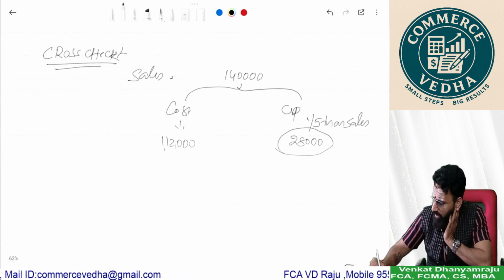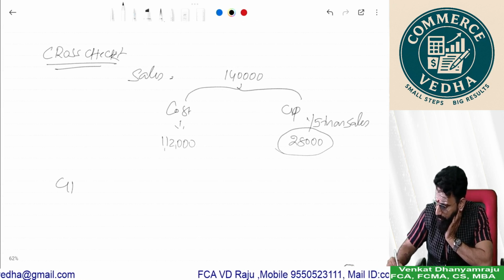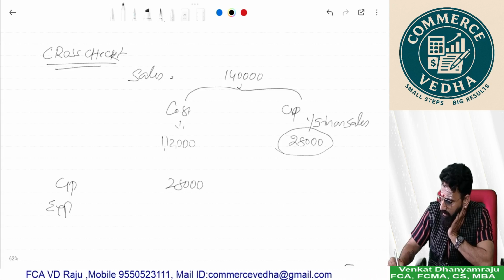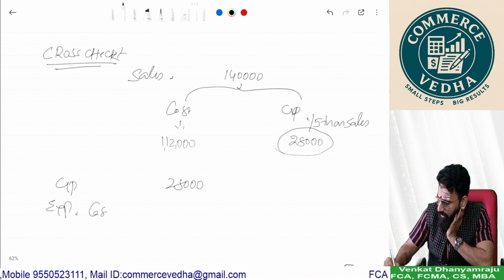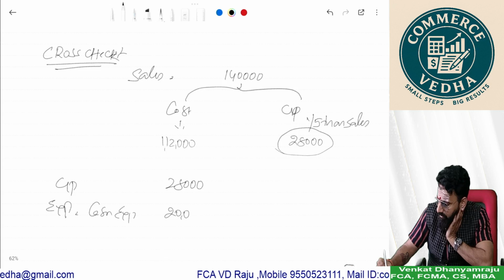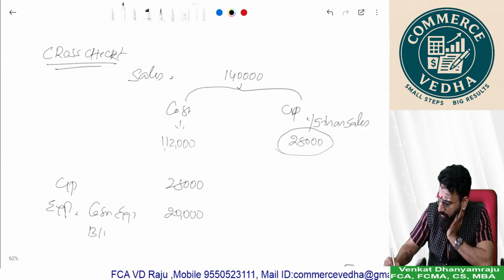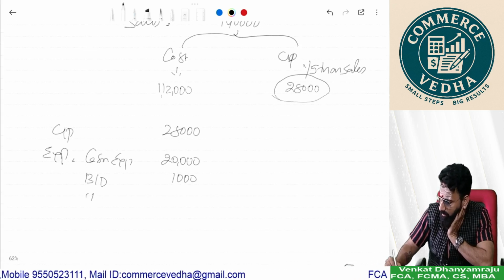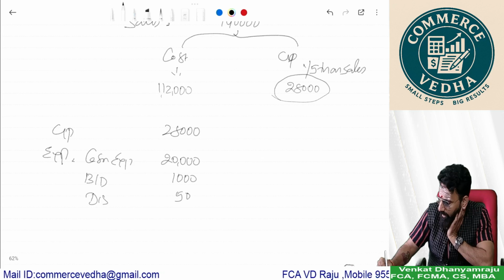Now from the gross profit, your gross profit is 28,000 and your expenses are cash expense, which is 20,000, and bad debts 1,000, discount 500.